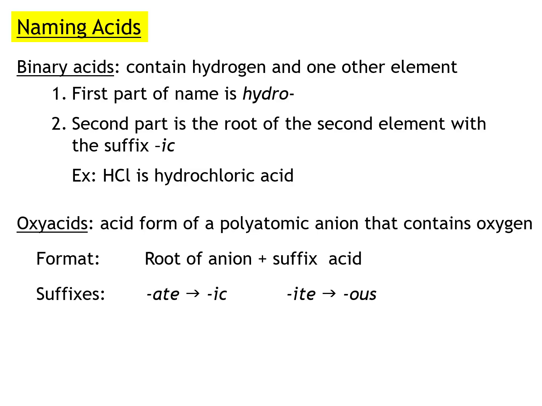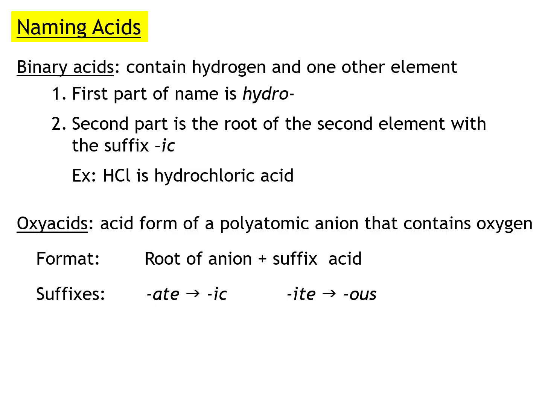Now the other type are oxyacids. They're called that because they are the acidic form of all of those polyatomic anions that have oxygen in them. So they do not get a hydro because they have more than 2 capital letters. So the format is you're going to take whatever the root of the anion is and then change it according to whether you have an ate or an ite.